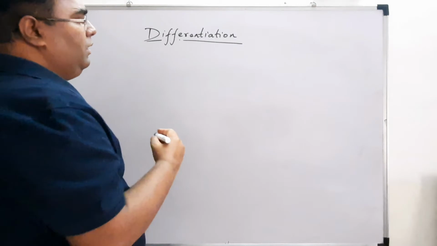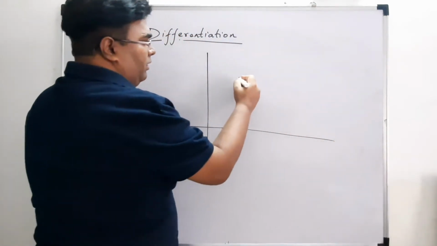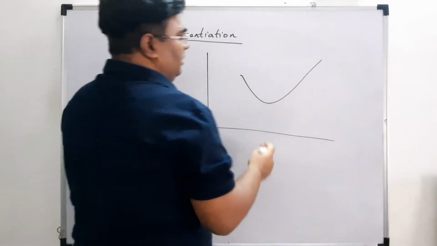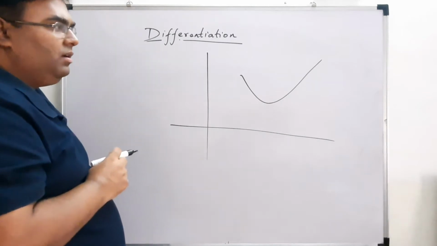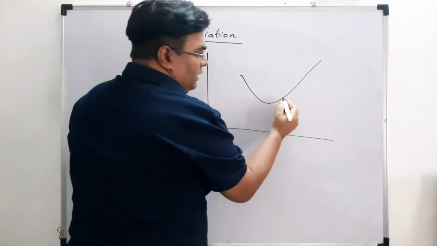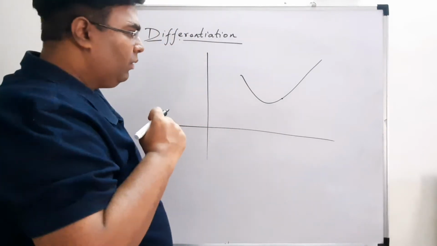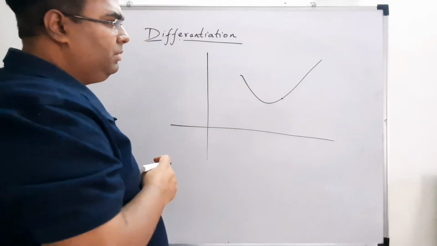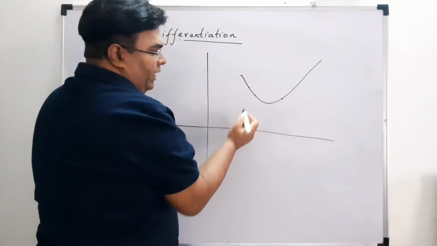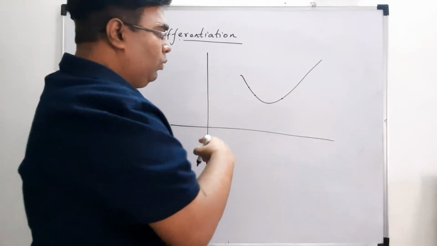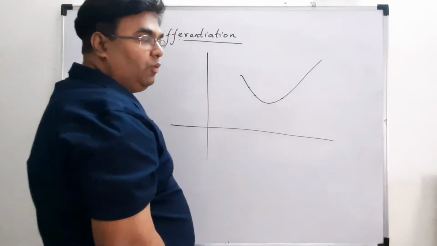So if you plot a graph, suppose this is continuous, this is differentiable, and now we want to find how the changes are happening at a certain point. See, changes are happening everywhere. From this point to this point, the curve is moving down. From this point to this point, the curve has started moving up.